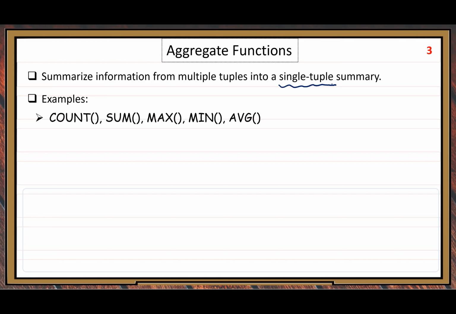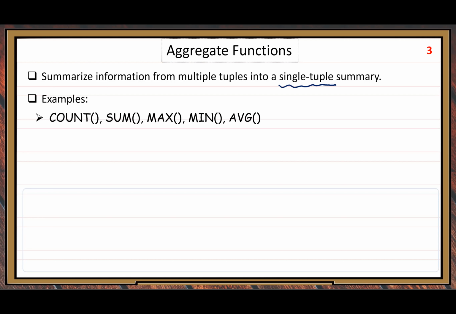You need to specify which attribute you want to apply this function to. Max, min, average also. You need to specify which column you want to apply these functions to.